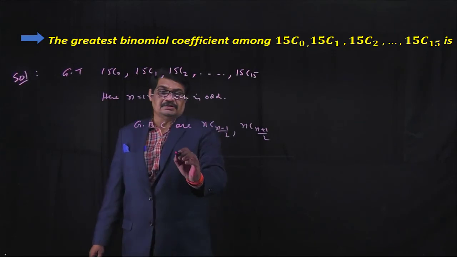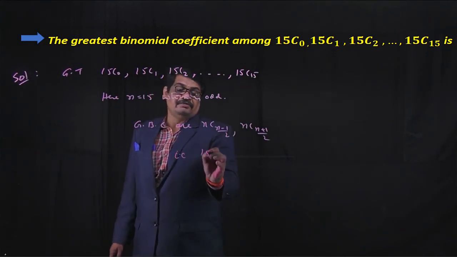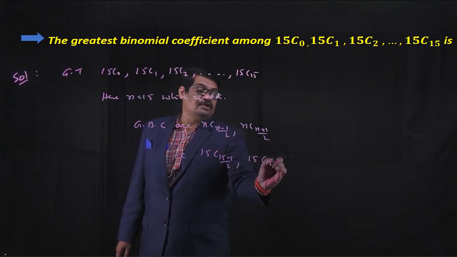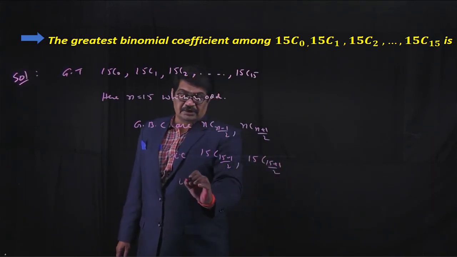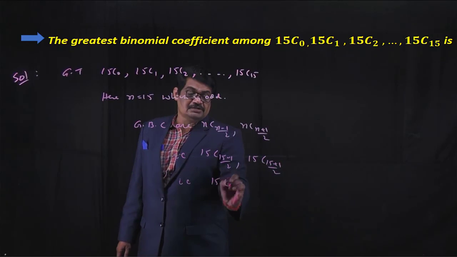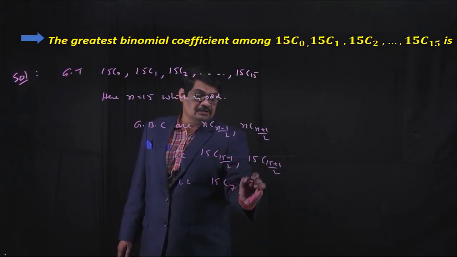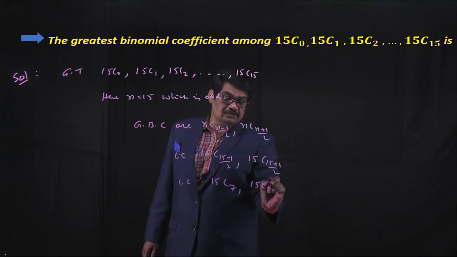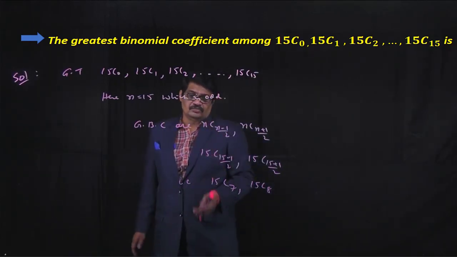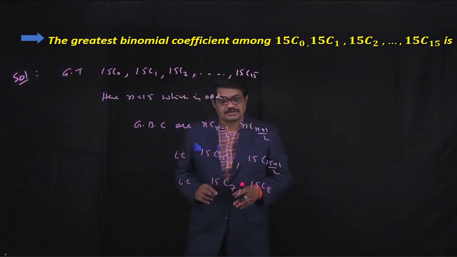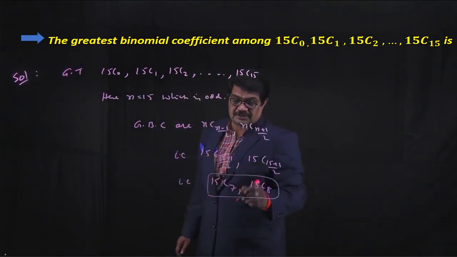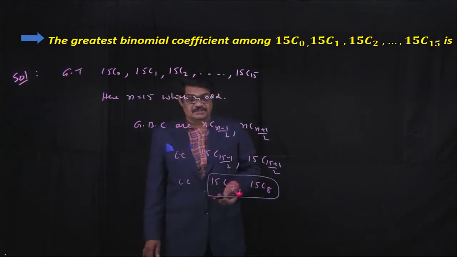Here n is 15, so 15C(15-1)/2 and 15C(15+1)/2. That is 15C(14/2), that is 7, and 15C(16/2), that is 8. So these are the greatest binomial coefficients: 15C7 and 15C8.